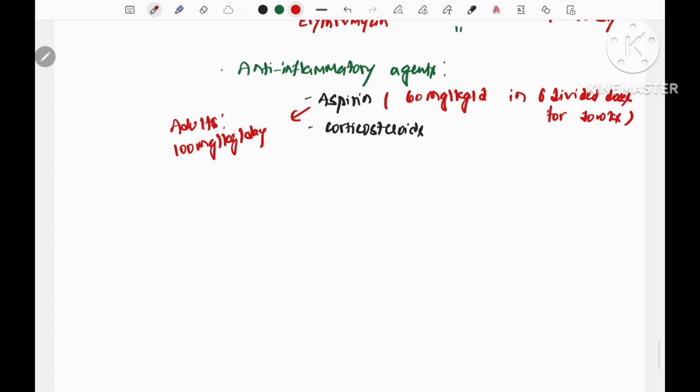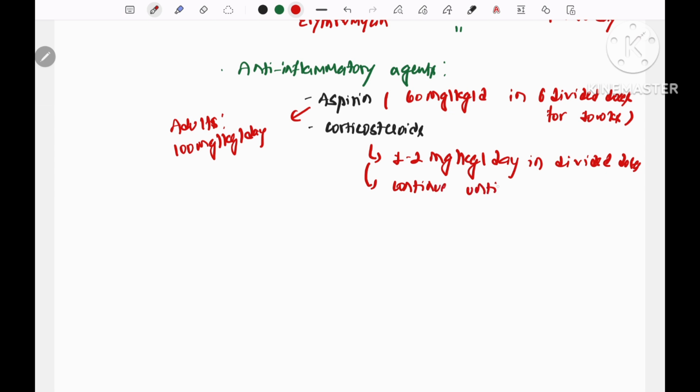The second drug is the corticosteroid. The dose is 1 to 2 mg per kg per day in divided doses, and it should be continued until ESR is normalized, and then gradually decrease the dose. So these are the two drugs which we choose.